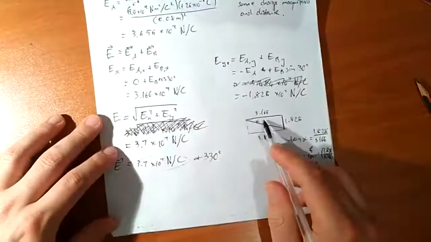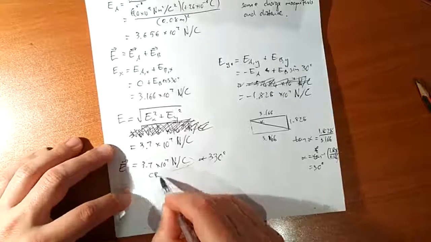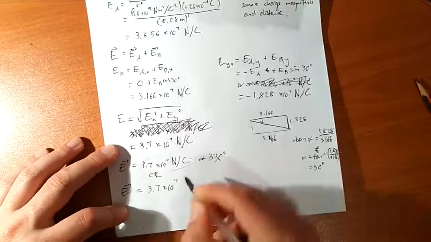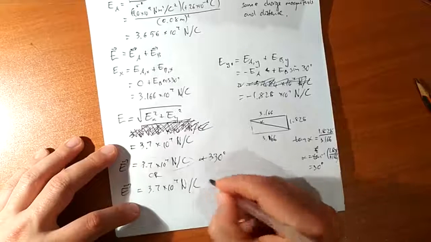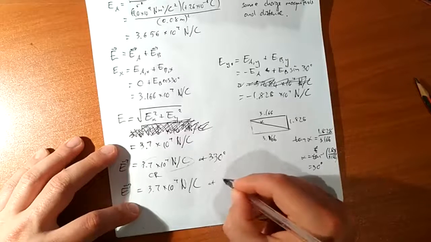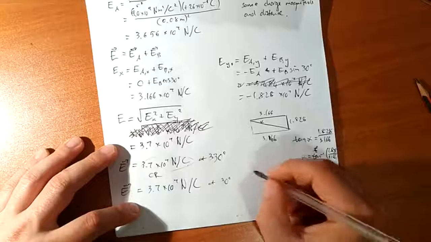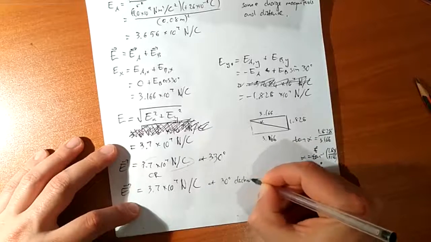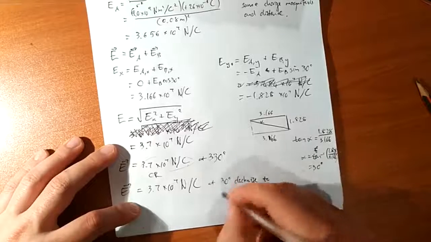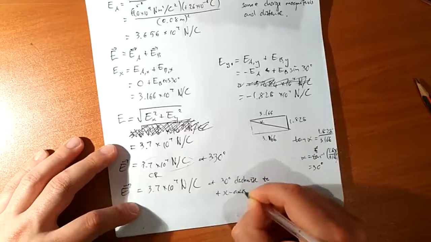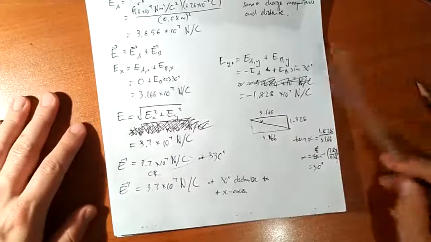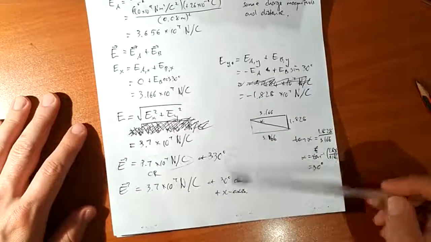Otherwise, you would have to say E is equal to 3.7 times 10 to the 7 newtons per coulomb at 30 degrees clockwise to the positive x-axis. Again, if you just provide the degrees, then the convention is that it is anti-clockwise from the positive x-axis.